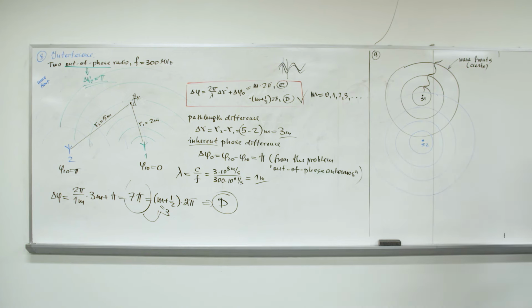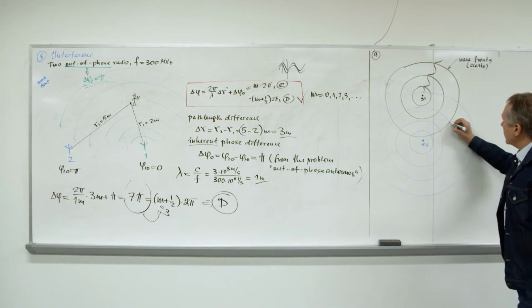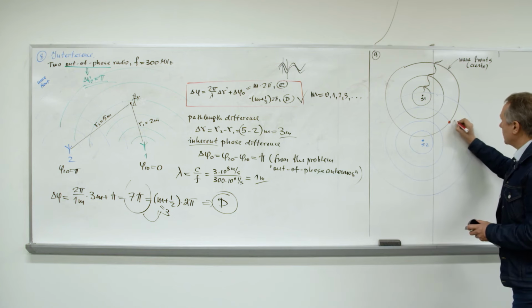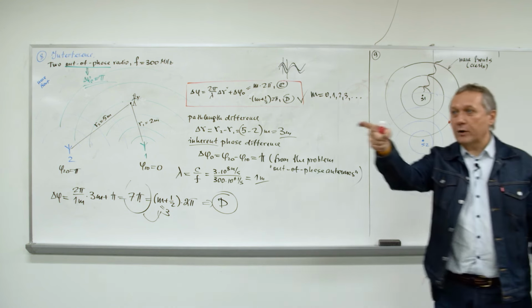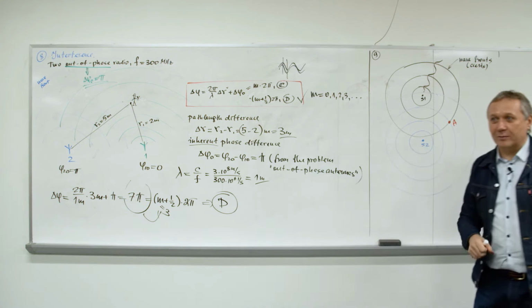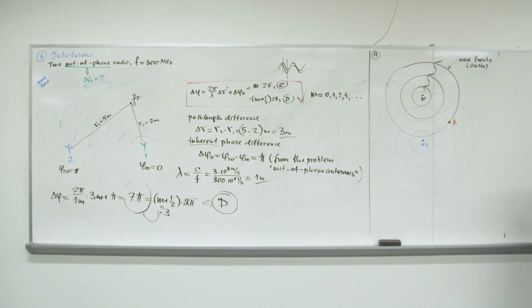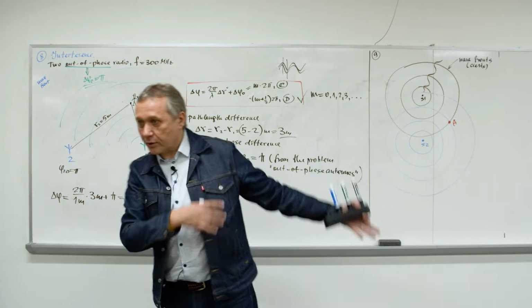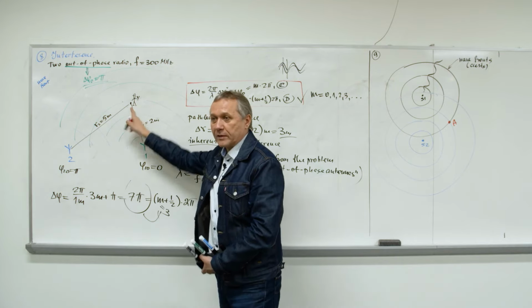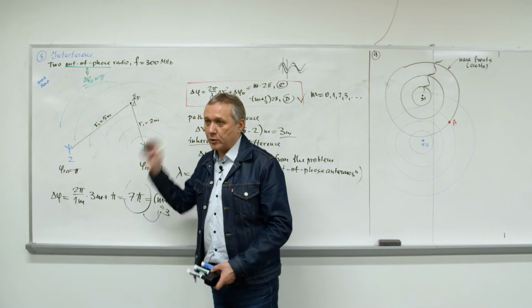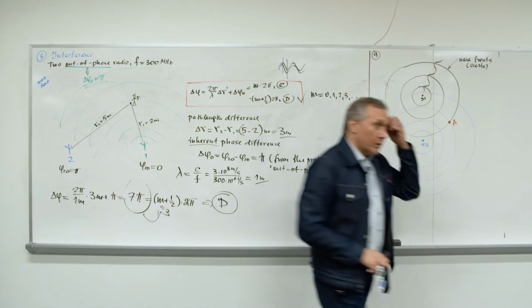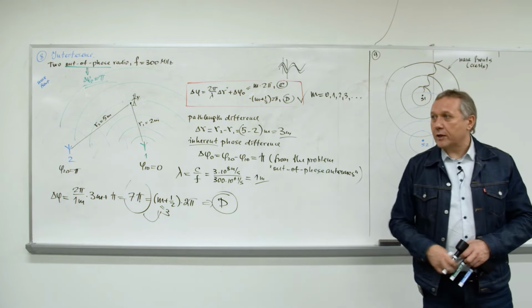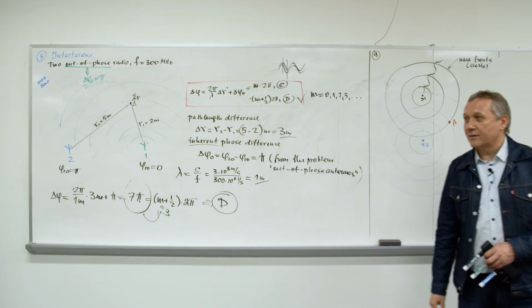And now let's analyze a few points. Again, you've done it in your recitation classes, but I just want to emphasize that. So, if I, for example, take this point, A, and we talked about that essentially with you like 10 minutes ago. Again, what are we going to see at point A? Again, I pick some point in space, and I want to analyze. Essentially, that's what we've done over here. But now we just want to analyze conceptually without getting into numbers, right? And of course, at that point, are we going to get constructive or destructive?